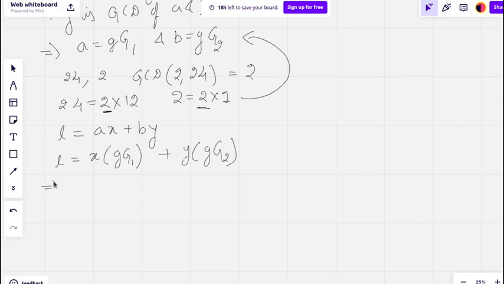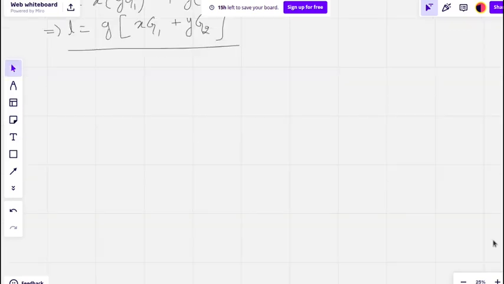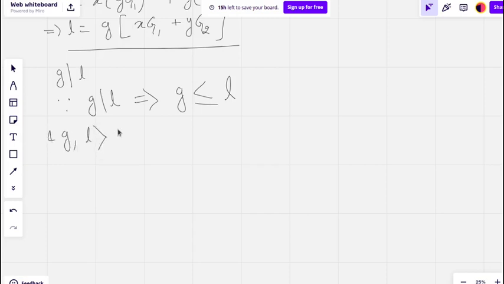From here we can say that L equals G times (X G1 plus Y G2), taking G in common. So we come to the conclusion that G divides L. Since G divides L, G should be less than or equal to L, and G and L are greater than 0.